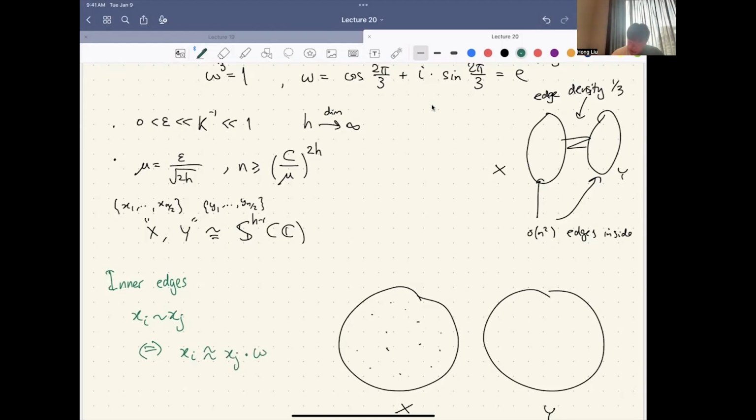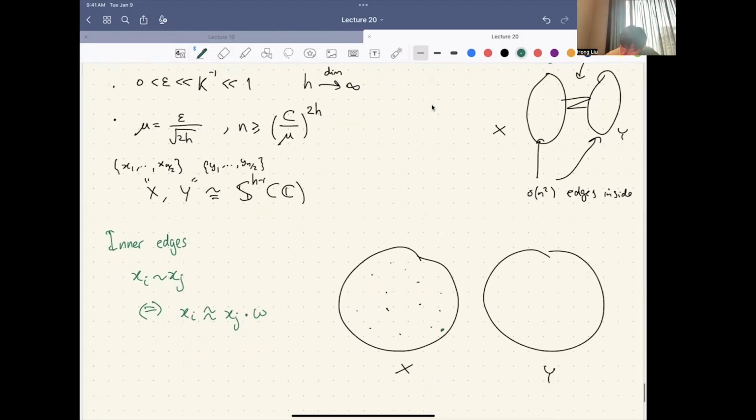So what does that mean? If your x is here, I multiply by omega. If you look at the complex plane, it's like rotating by 120 degrees. So it's adjacent to some small cap after rotating by 120 degrees. It's adjacent to a small area here.